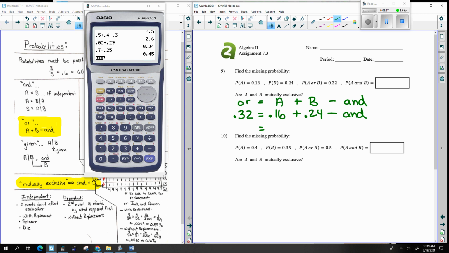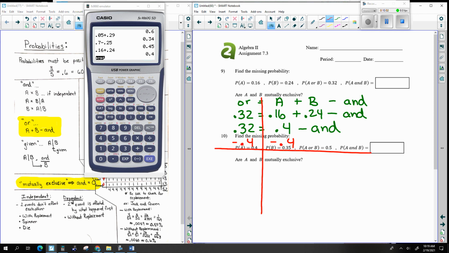If there's 3 things on one side, chances are you can combine at least 2 of them. So I combine the 0.16 and the 0.24. So this is 0.4 minus and is equal to 0.32. I'm in the business of getting and all by itself, so I subtract 0.4 from both sides. That leaves me with negative and is equal to negative 0.08.